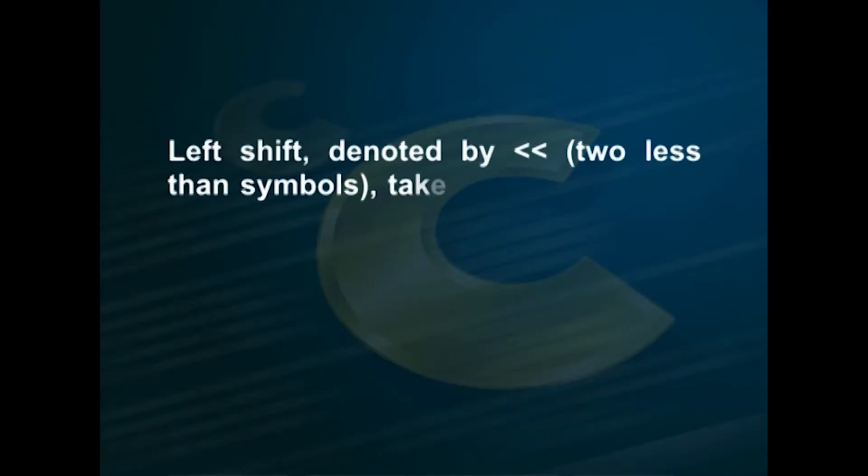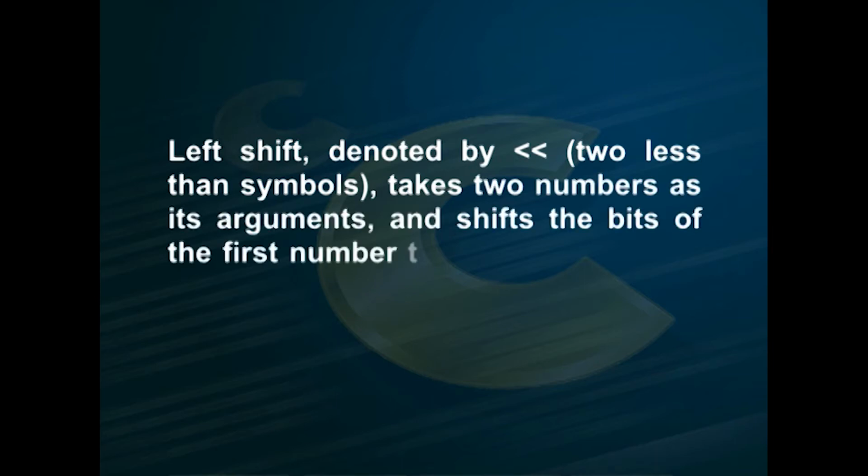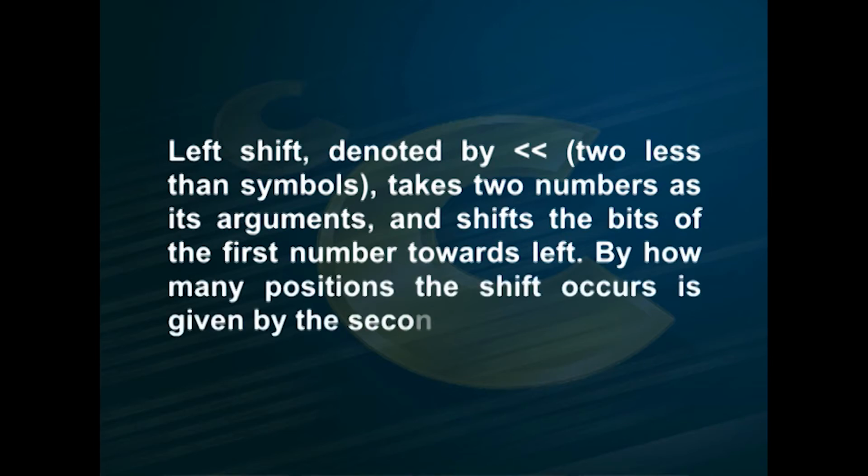We will see 2 more binary operations now, called left shift and right shift. Left shift, denoted by 2 less than symbols, takes 2 numbers as its arguments and shifts the bits of the first number towards left. By how many positions the shift occurs is given by the second argument.